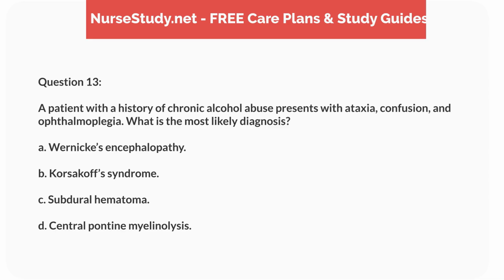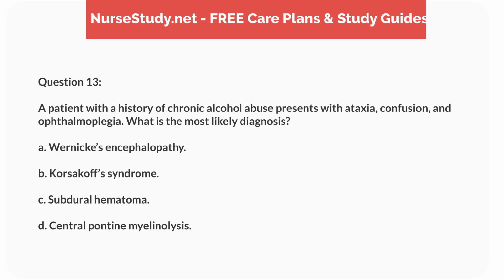Question 13. A patient with a history of chronic alcohol abuse presents with ataxia, confusion, and ophthalmoplegia. What is the most likely diagnosis? A. Wernicke's encephalopathy. B. Korsakoff syndrome. C. Subdural hematoma.